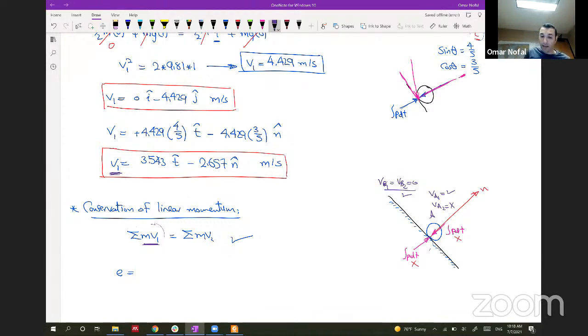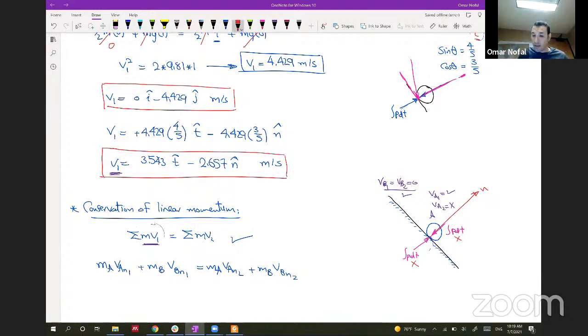So you can apply this equation if you want, and it should give you the same result as the restitution coefficient. So you will have MA VAN1 plus MB VBN1 will be equal to MA VAN2 plus MB VBN2, in the n direction.